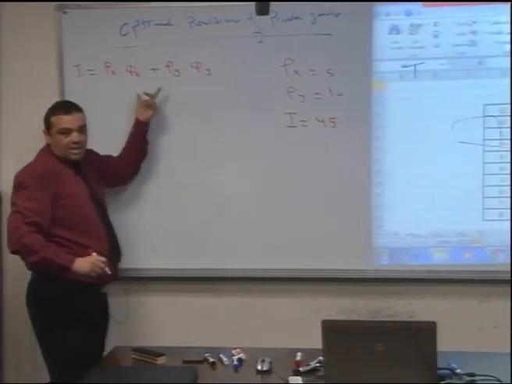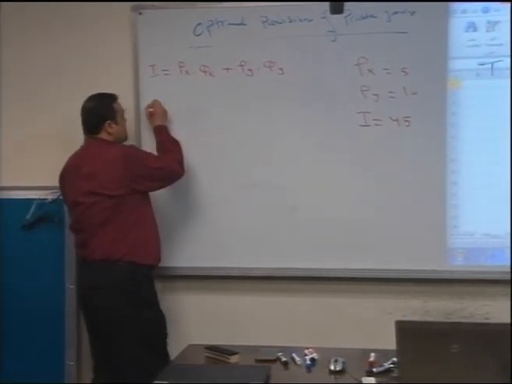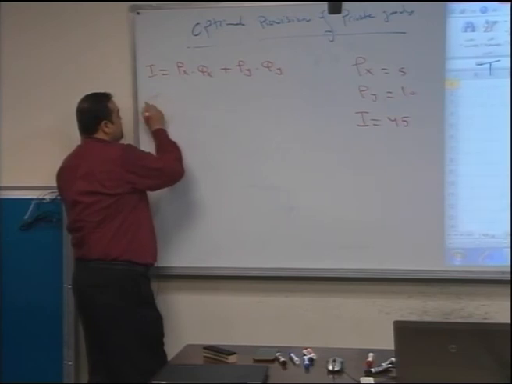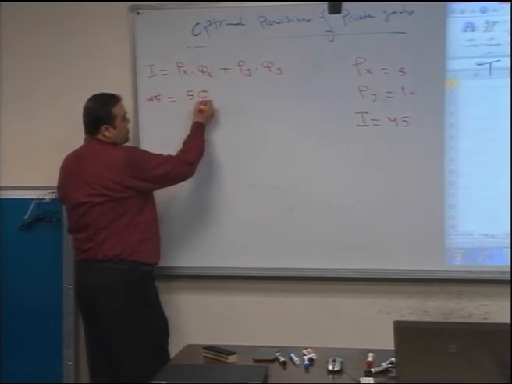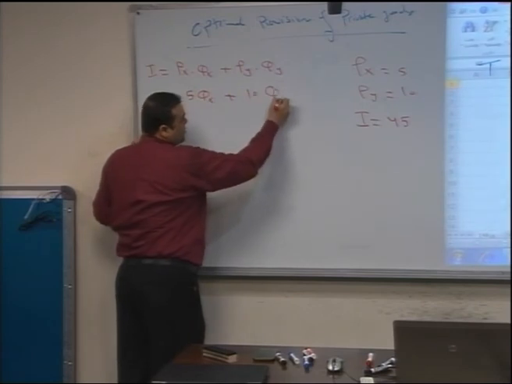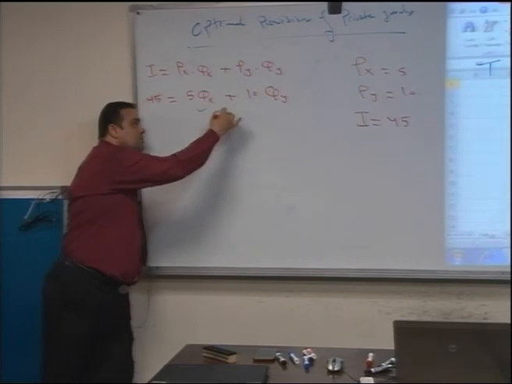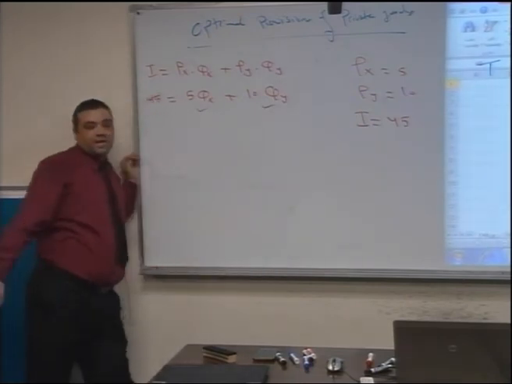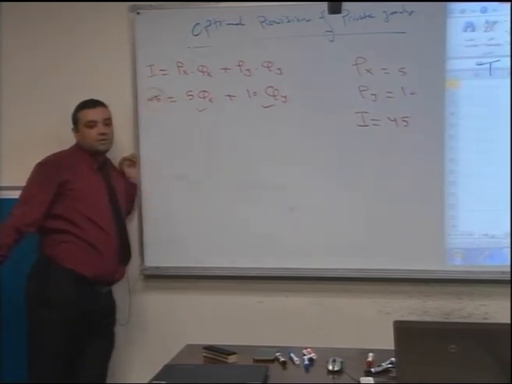This side must equal this side. The income here is 45, it must equal the price of X, 5, times QX plus price of Y, 10, times QY. What is the quantity of X and the quantity of Y that achieve this condition?